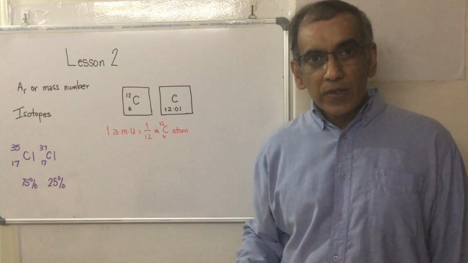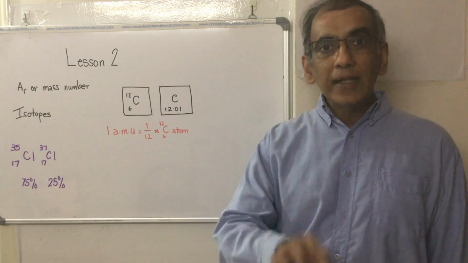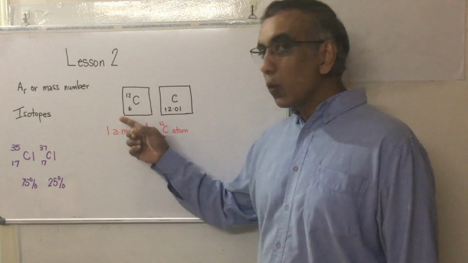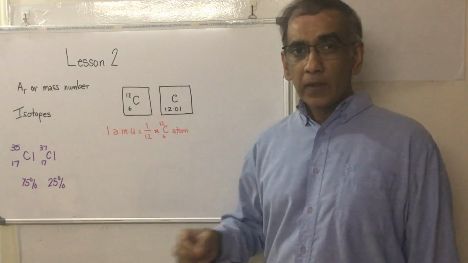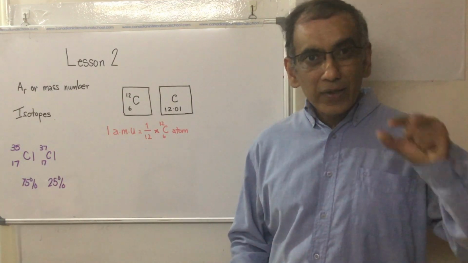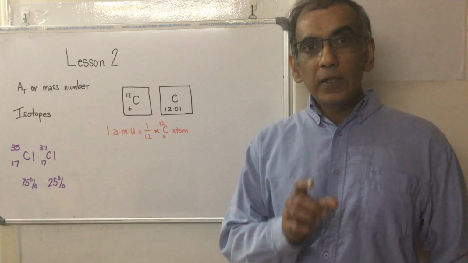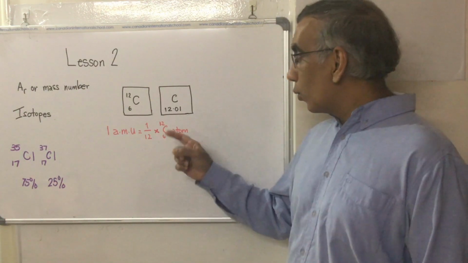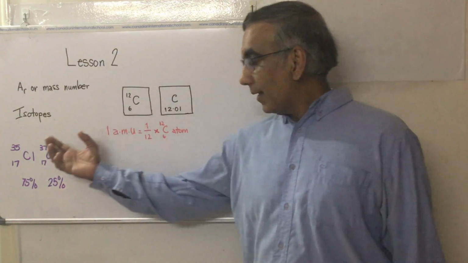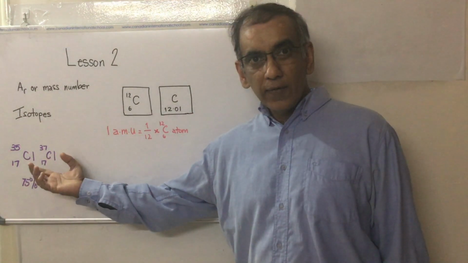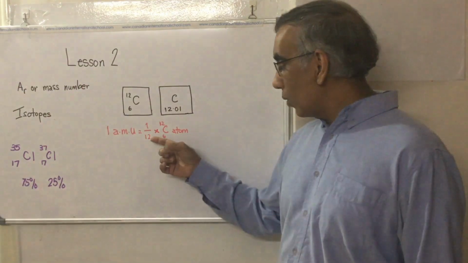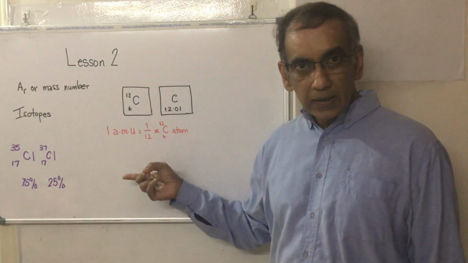So everything else that you want to find the relative atomic mass of, it's how many times it's heavier than this one atomic mass unit, which is just like 1 centimeter or 1 meter. It's a standard unit of measurement. One atomic mass unit equals 1/12 the mass of a carbon 12 atom. So one atom of chlorine 35 is 35 times as heavy as one atomic mass unit.